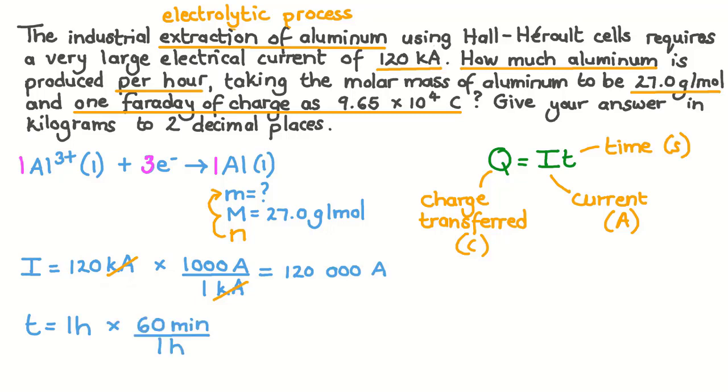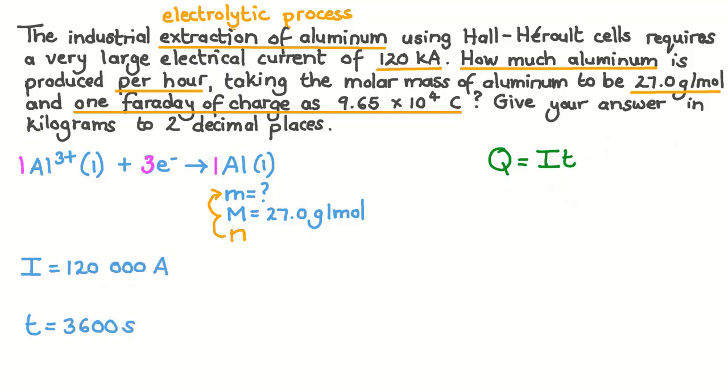Then we can convert time in hours to minutes using this conversion factor, and minutes to seconds using this conversion factor. Hours cancel, minutes cancel, and we get an answer of 3,600 seconds, which is equivalent to 1 hour. Now we can work out the charge transferred.